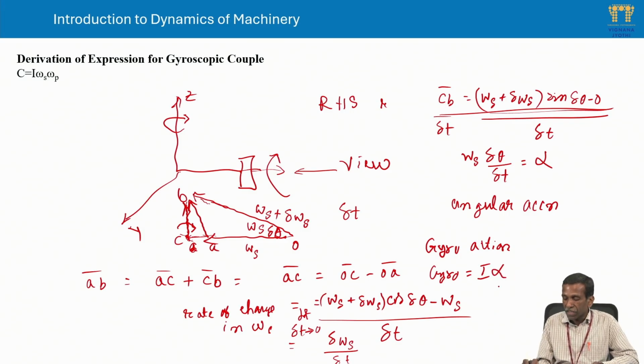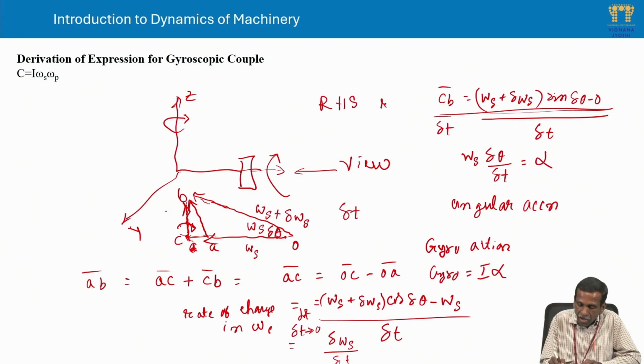This is the gyroscopic couple. What happens? It tends to make the axis of the spinning body rotate clockwise, which means the axis of spin is moving down. Vectorially, the spinning body's axis along with the body is moving down.